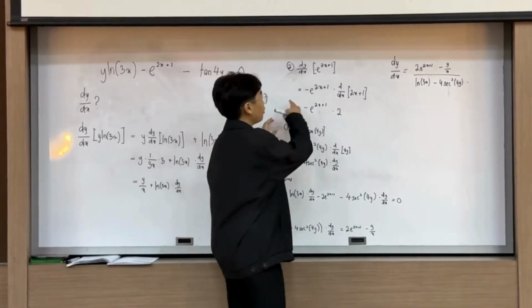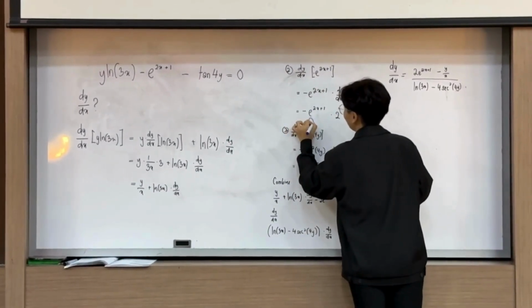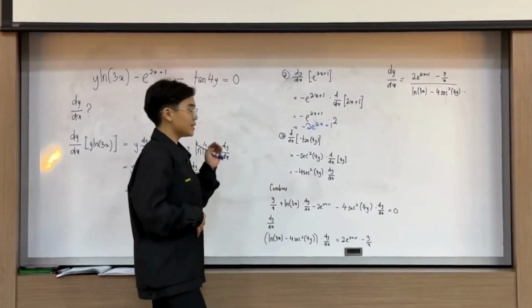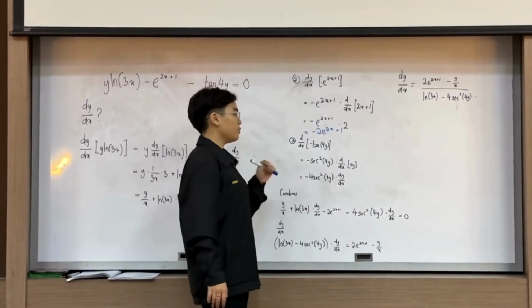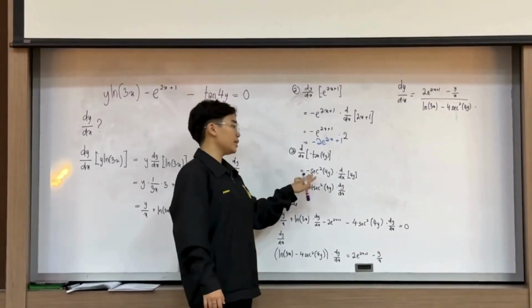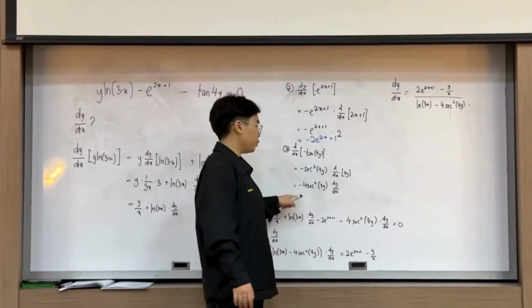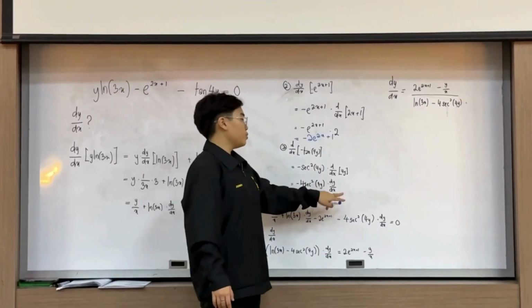So the final for step 2 will be 2 e to the power of 2x plus 1. For the third step, we differentiate tangent of 4y. After differentiation, it will become secant squared of 4y times the differentiation of 4y. It will become 4 secant squared of 4y times dy/dx.